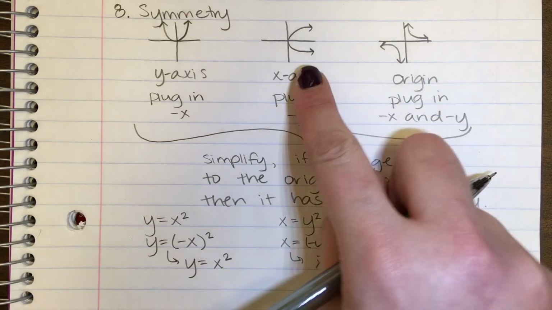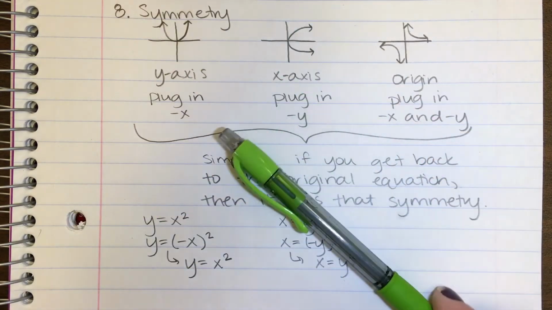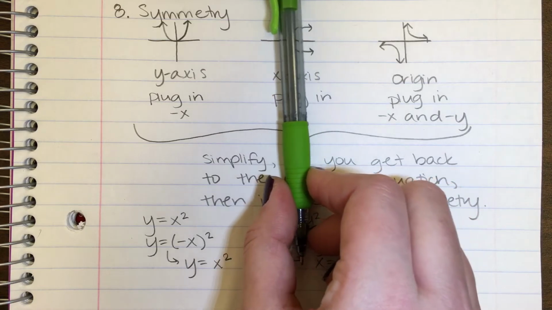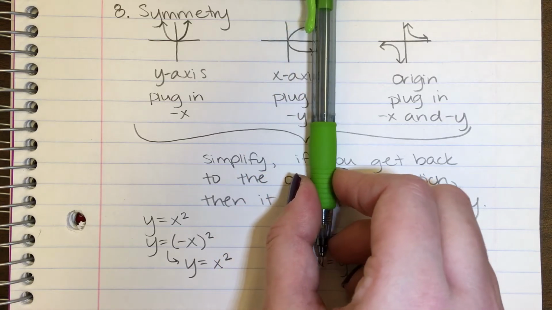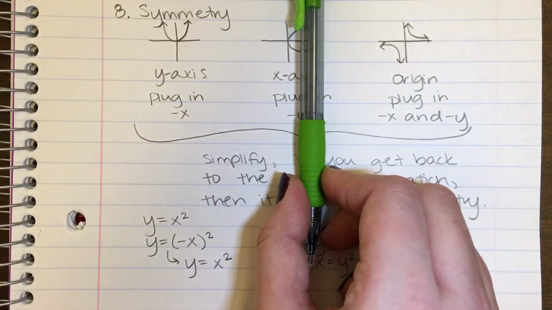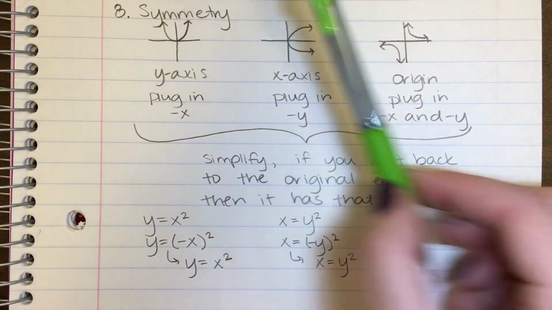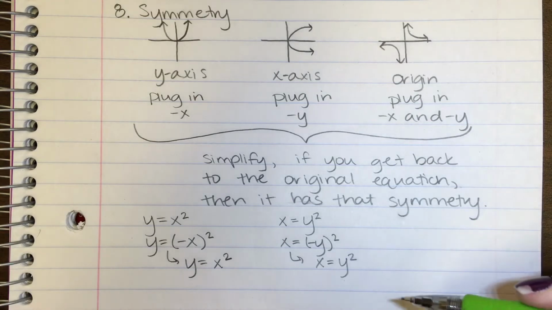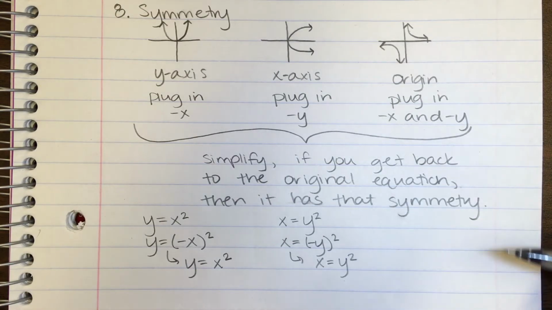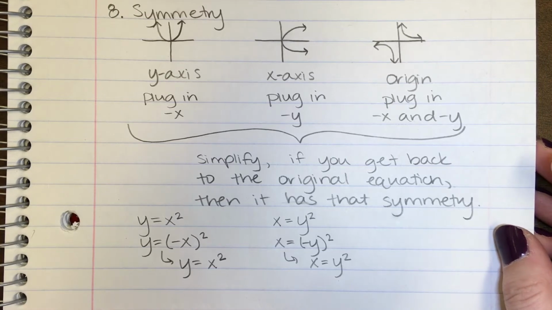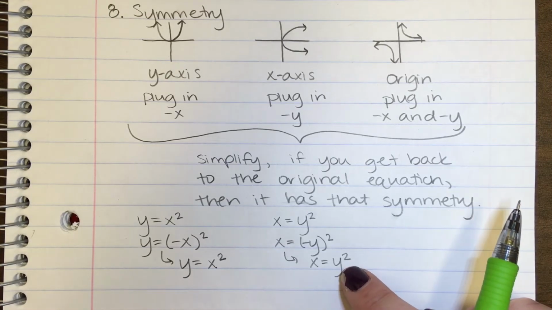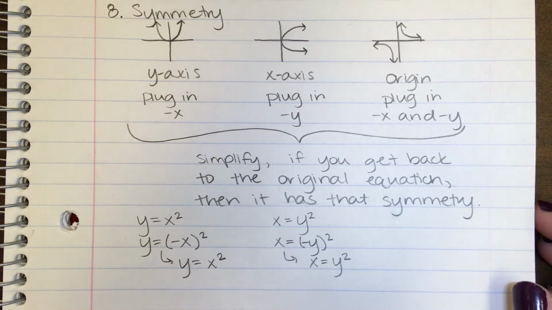So if you guys recall, the reason I'm saying this isn't a function is because we learned earlier on in math that it has to pass the pencil test or the vertical line test. And since this equation touches two parts of my pencil at the same time, that means it's technically not a function. So I really should be referring to it as an equation, but most of the time we do deal with functions. Okay, so this one, regardless of whether or not it's a function, it is symmetric to the x-axis.